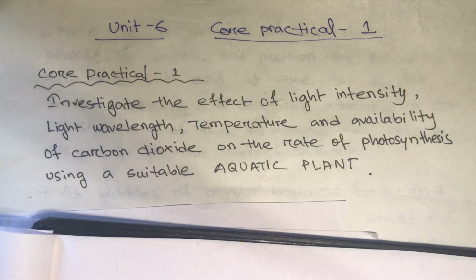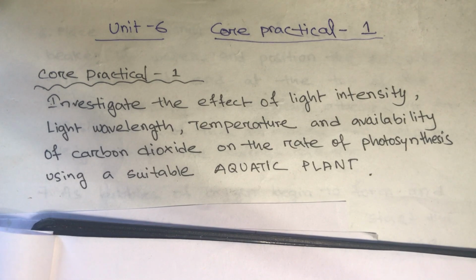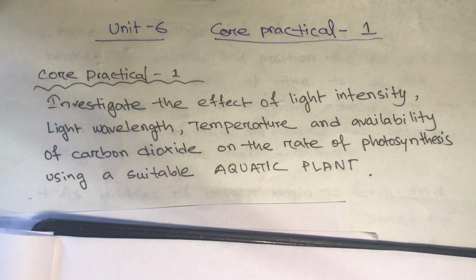Before starting the experiment, I just want to tell you a few things about Unit 6. In Unit 6, we need to write all the experiments in the exam in detail, with all the minor details.